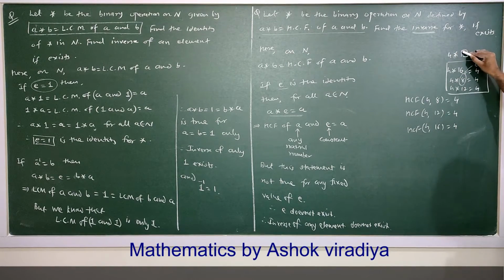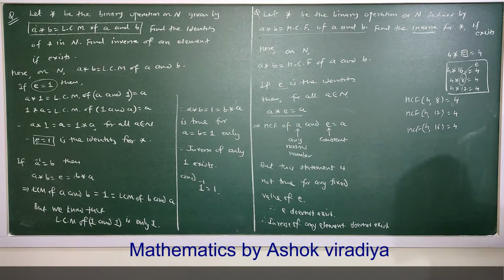Here we are getting a value, and if this number were constant, it could be taken as E. But you can see that the value is changing. If you keep 16, this is true. If you keep 8, this is true. If you keep 4, this is true.